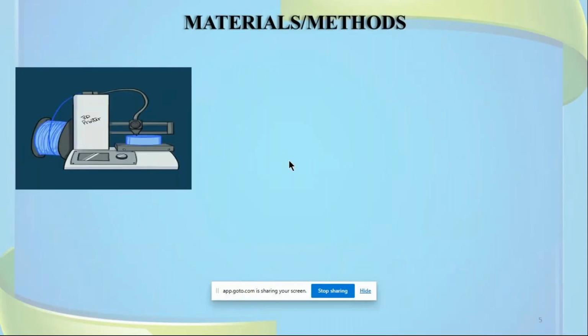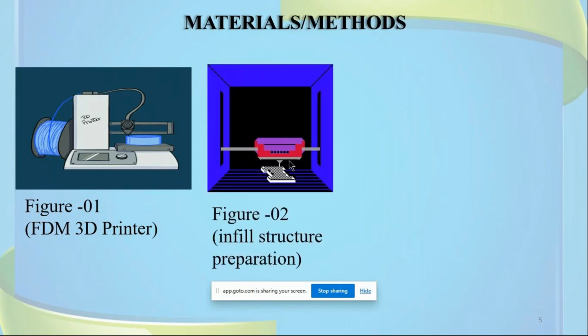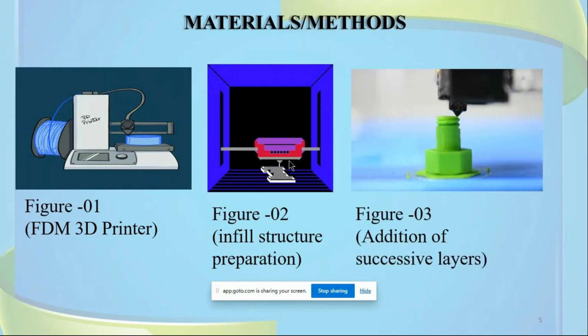Now this is a full setup of an FDM 3D printer, and this is the process of generating an infill structure of the product, and here it is clearly visible that the product is made by addition of successive layers.